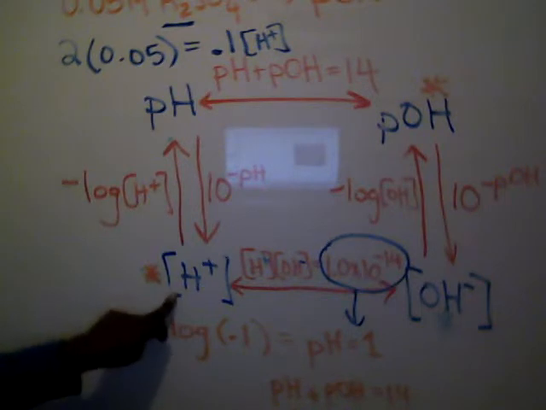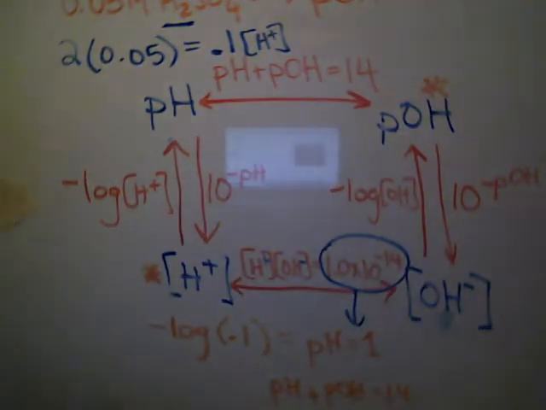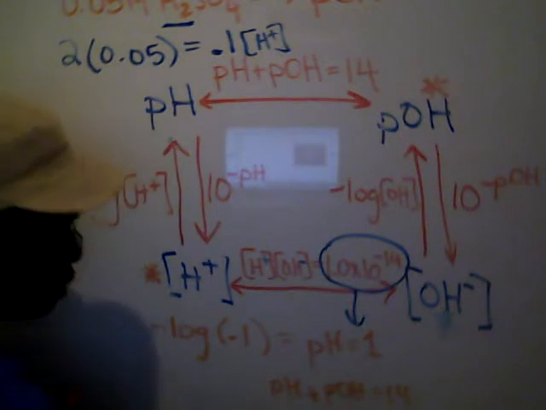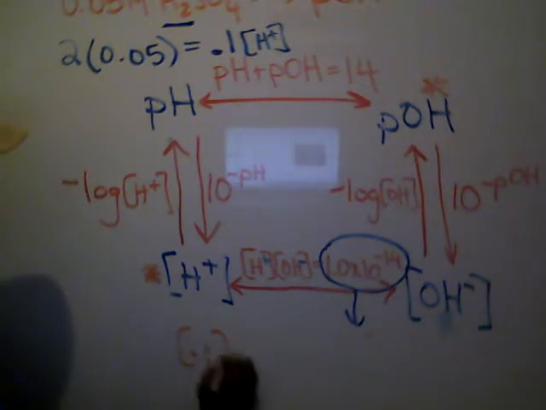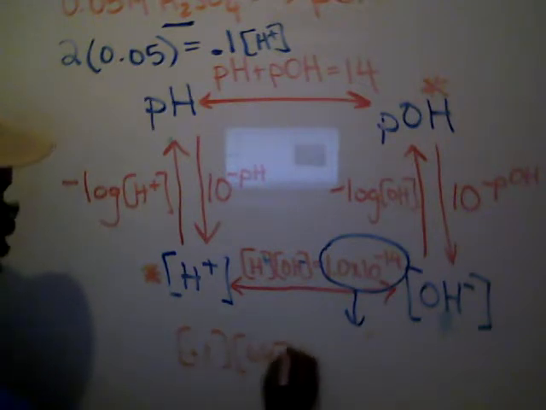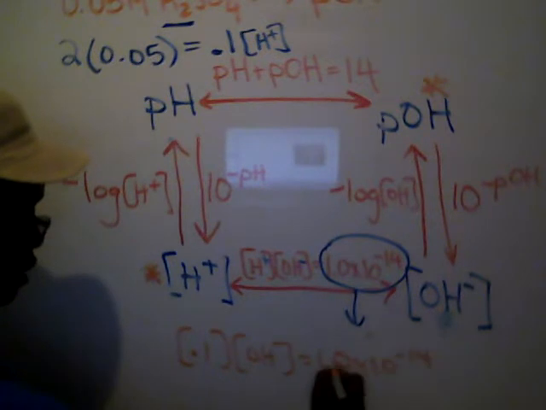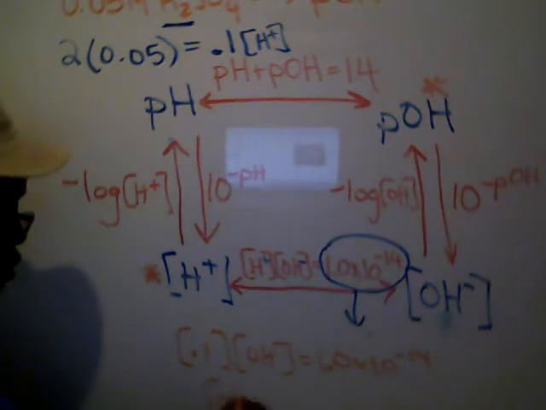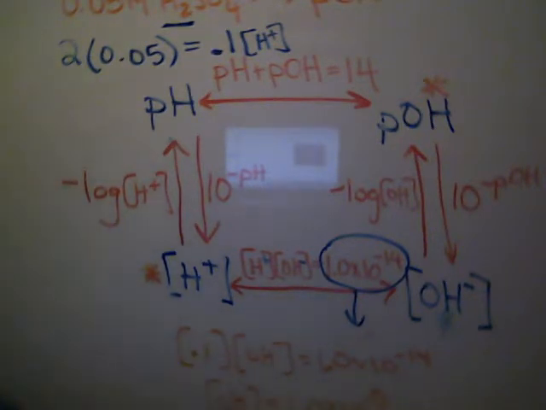So if we were to have gone from hydrogens to hydroxides to pOH, let's look at how that calculation would have been. So we would have wanted to have figured out the amount of hydrogens, which we said was 0.1. We know that the amount of hydroxides times the amount of hydrogens always equals 1.0 times 10 to the negative 14, which means that the amount of hydroxides is 1.0 times 10 to the negative 13 if we would have divided by 0.1.